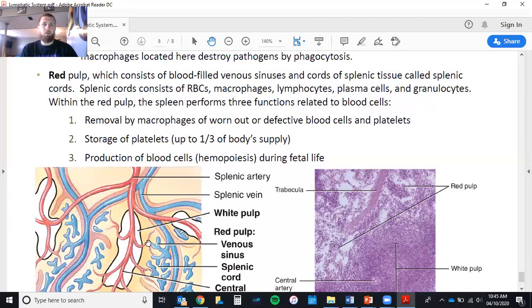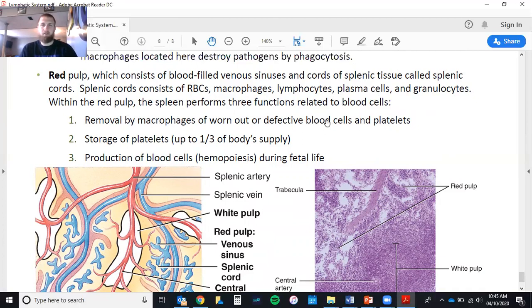Within the splenic cords in our red pulp, we have red blood cells, macrophages, lymphocytes, antibody-producing plasma cells, and then the 3 granulocytes: basophils, eosinophils, and neutrophils. What we do within the red pulp is remove any defective blood cells.